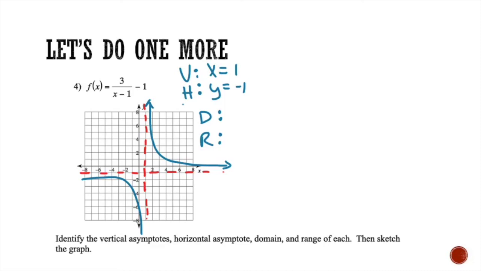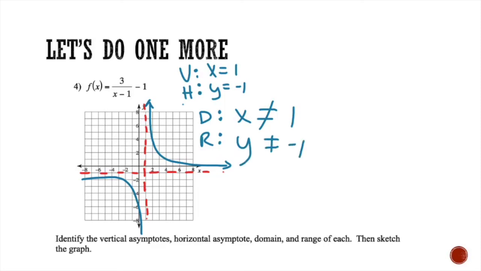That's correct. And it doesn't go through that asymptote. And the range is y does not equal negative 1.